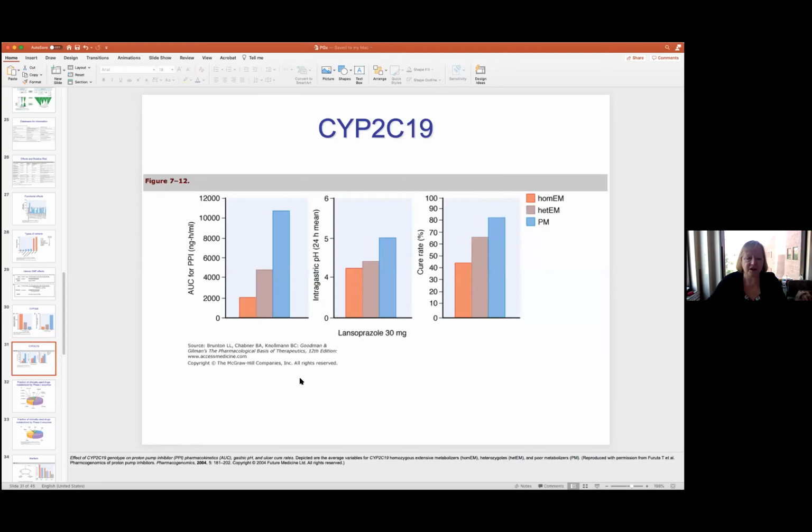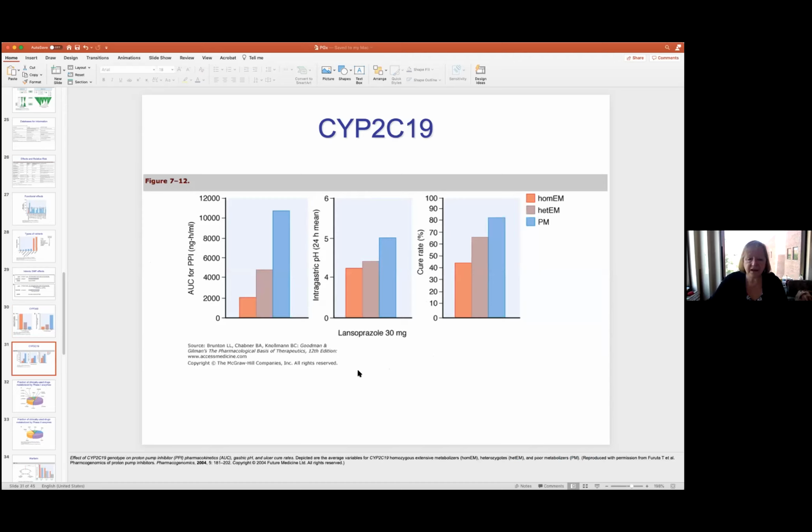So here is another picture of the activity of, I hate trying to pronounce drugs properly, lansoprazole, because this is a proton pump inhibitor. In this case, you're looking at the area under the curve, the intragastric pH, and the cure rate.